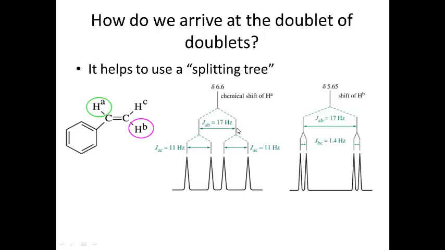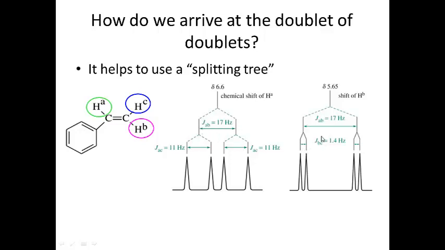Then that doublet, because HA can also couple with HC, is also going to be split into a doublet. So now instead of seeing two lines, you're going to see four lines. This is where the whole idea of a doublet of doublets comes from. And you can see the distance between the peaks. We call that the coupling constant, or the J value.